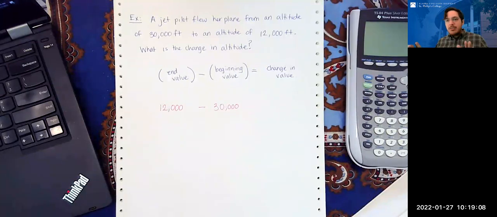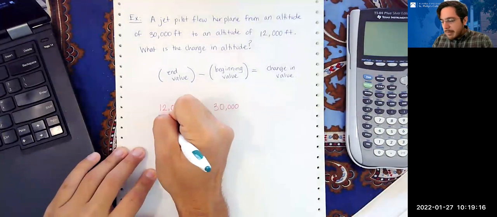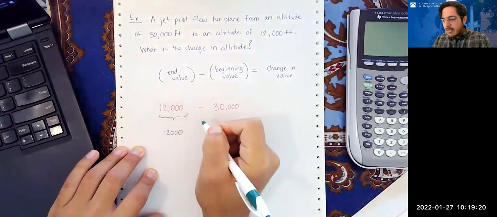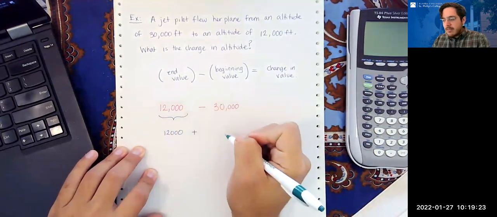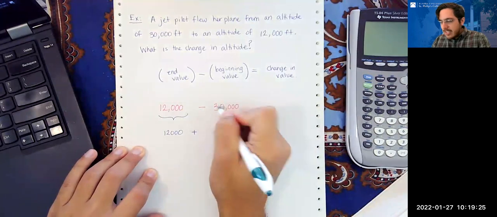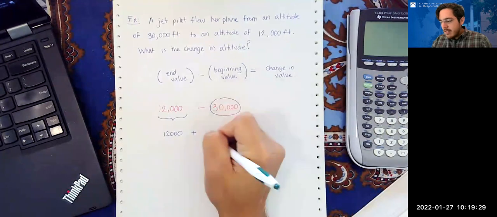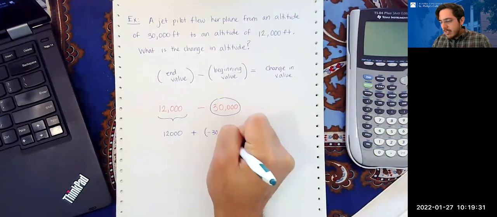But let's go ahead and use keep change change and just be consistent with that, right? If we do keep change, we should keep this 12,000, change to addition, and change this to the opposite, negative 30,000.